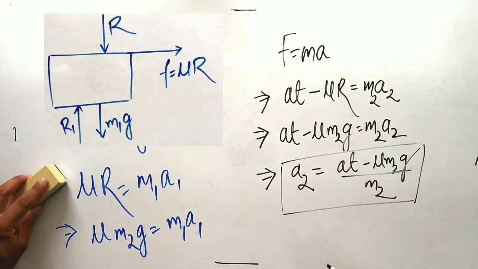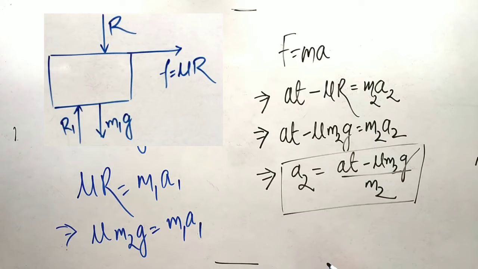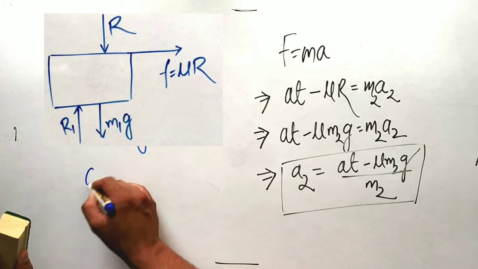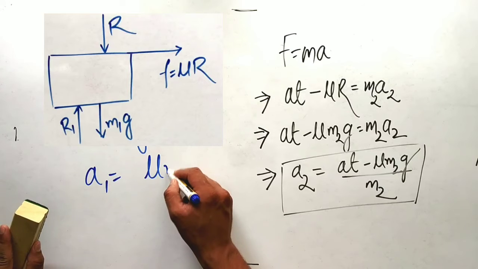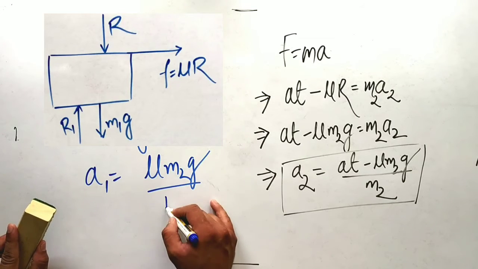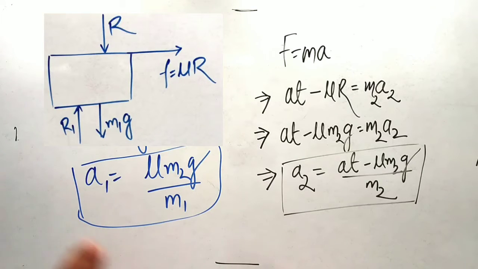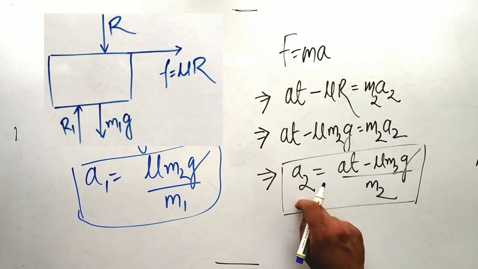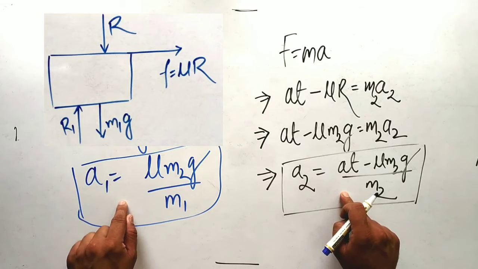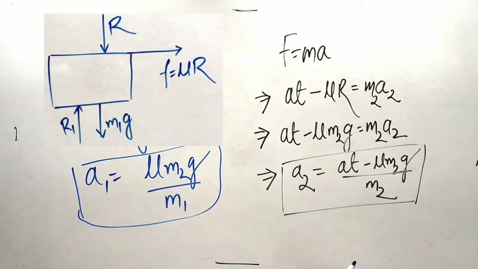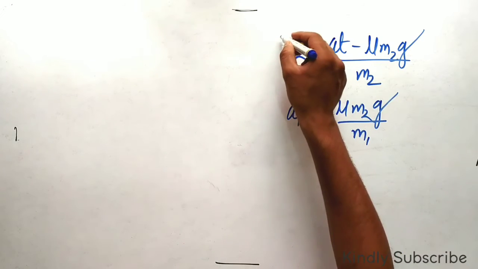You note these down, and then we arrive at A1 equal to mu m2 g divided by m1. So we have calculated the acceleration of both the bodies, body 2 and body 1. A2 will be equal to this much, A1 will be equal to this much. Now we'll keep these two with us. So these are the two values that we required.